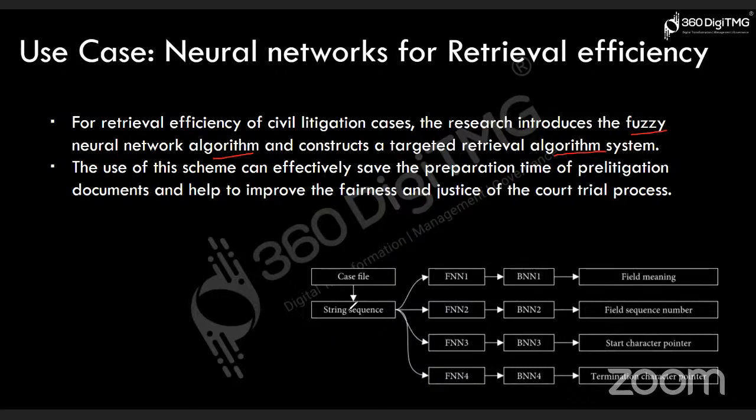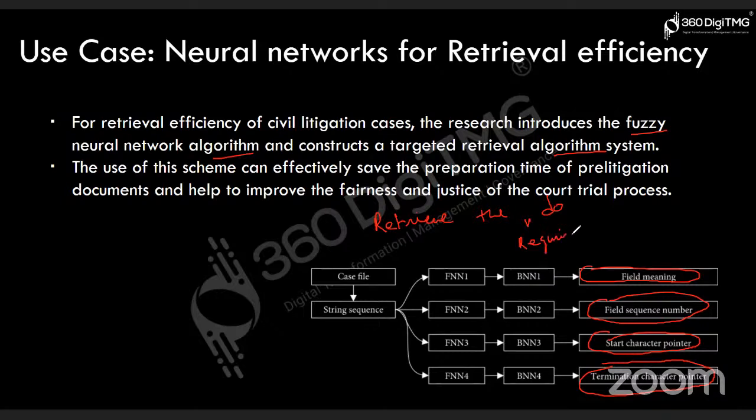First we will do string sequencing, and from this we will use this fuzzy neural network algorithm to find out the field meaning, field sequence number, and the start character pointer and termination character pointer. Using these we can then retrieve the required documents. So this was a use case for our neural network retrieval efficiency.